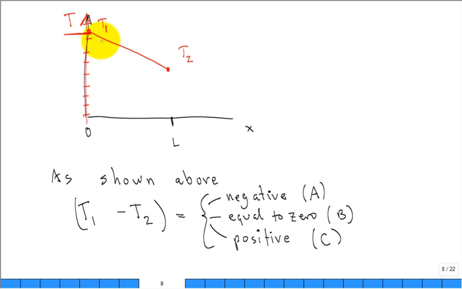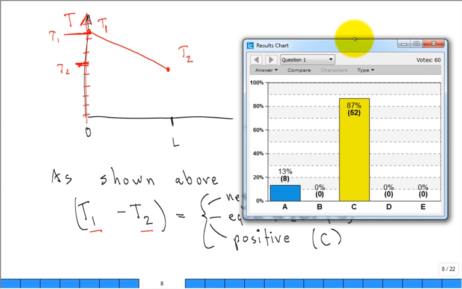So T2 is coming in at this value right here, and T1 is coming in at that value, which is a higher temperature. T1 is greater than T2. So I would expect T1 minus a smaller value is positive, but we never get 100%, do we?